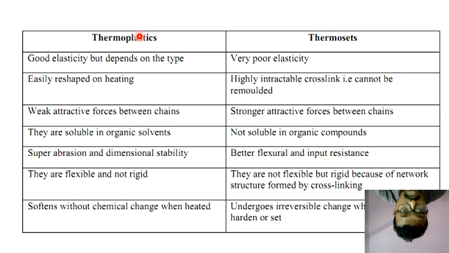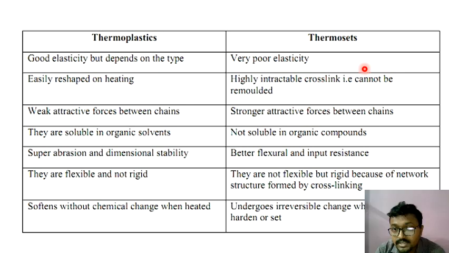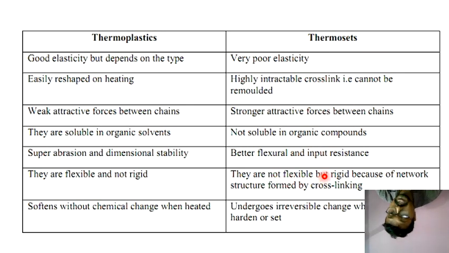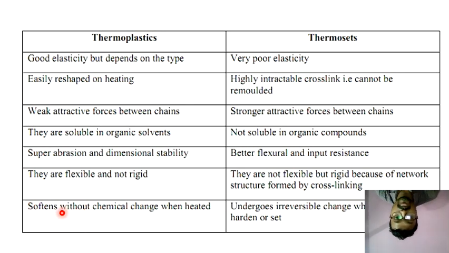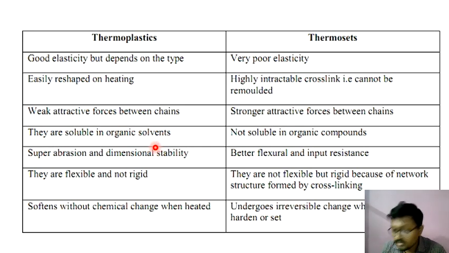Thermoplastics are flexible, not rigid, but thermosets are not flexible, they are rigid, so they can be easily broken. Thermoplastic polymer softens when heated, but thermoset can go through some irreversible change and become much more solidified when heated.